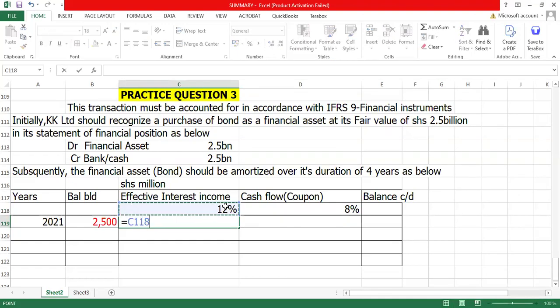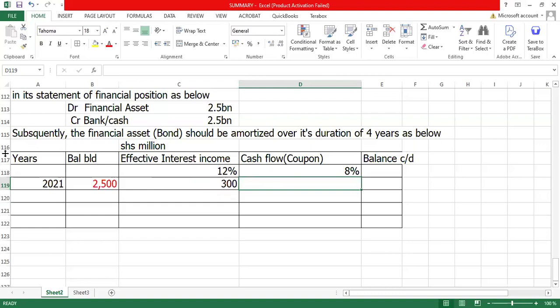So how do you get the interest income? You simply get the rate times the balance brought down. Then how do you get the coupon? The coupon is simply the coupon.